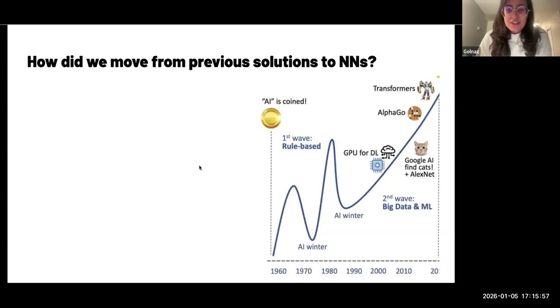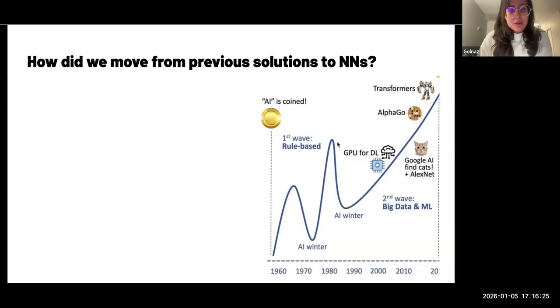The answer in general is larger data sets and more compute power. There have been two major AI ventures in the past, and the second one was really accelerated by more powerful GPUs that could handle the computations that neural networks need.